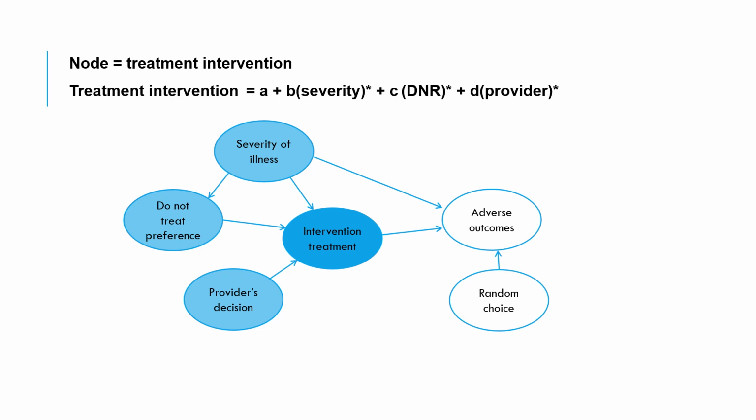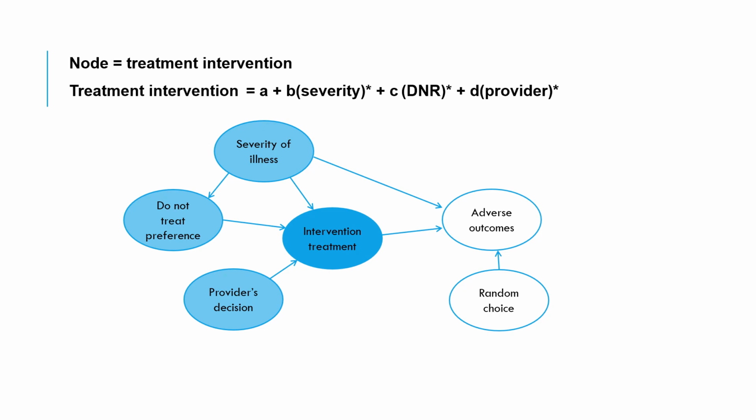Therefore, our lasso regression for this intervention node is treatment intervention equals alpha, which is the y-intercept, a constant, plus the coefficient for severity times the existence of severity, plus C, which is the coefficient for DNR, times DNR, which is the presence of a do not resuscitate order, plus D, which is the coefficient for provider, times provider.